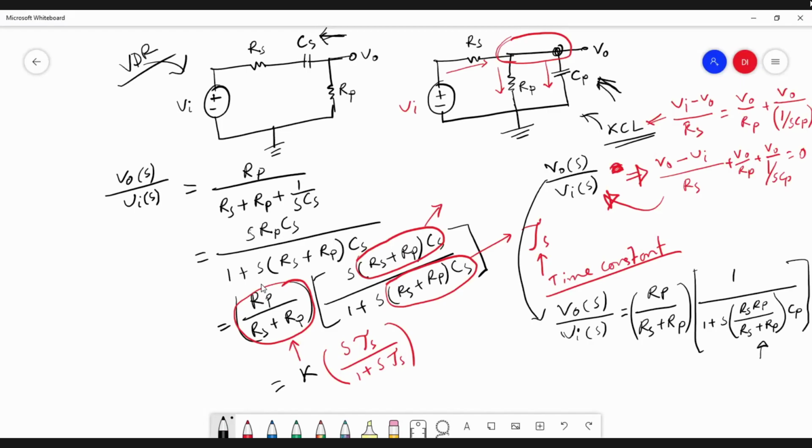This is the parallel combination of Rs and Rp, is it or not? Yes, yes, sir.